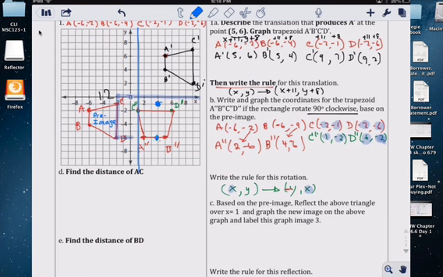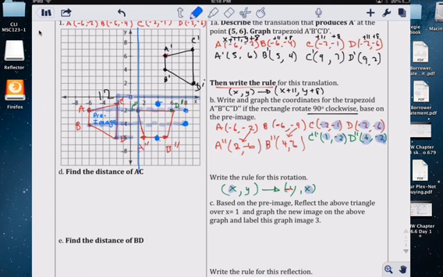And then from here, it's 1, 2, 3, 4, 5, 6, 7. Again 1, 2, 3, 4, 5, 6, 7.